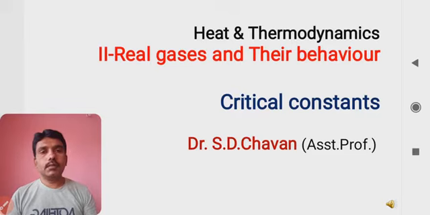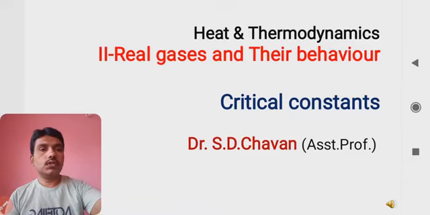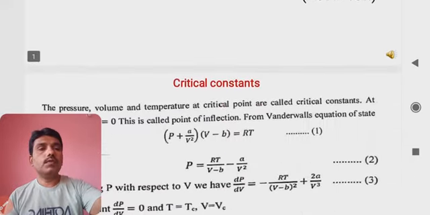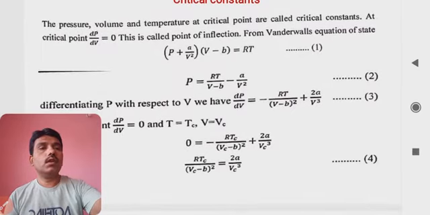At that point, whatever the pressure is, that is called the critical pressure, and whatever the volume is, that is your critical volume. This is the critical point, and these are all critical constants, and what exactly the relationships are, we will see in this session.